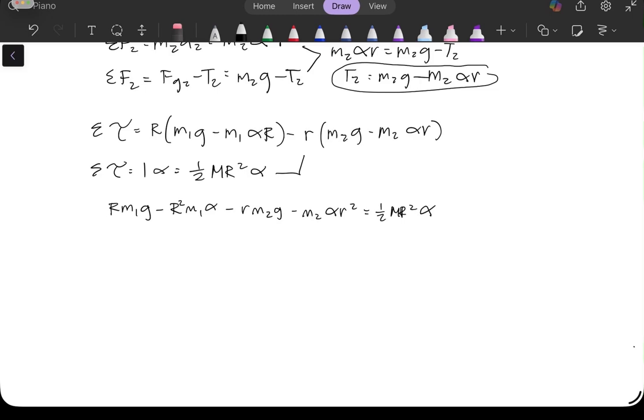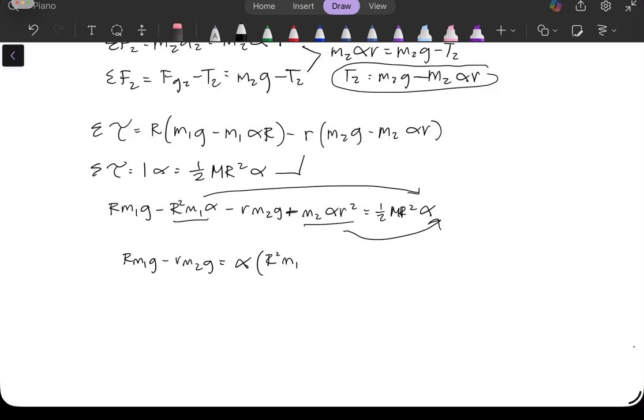And then, oh wait, this is addition. Careful of your signs. And then we want all the alphas on the same side. So I'm going to add this over and then subtract this over. And what I'm going to do as I add and subtract these terms over is take out alpha.